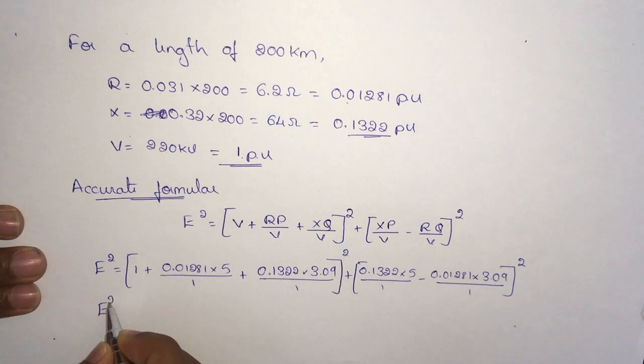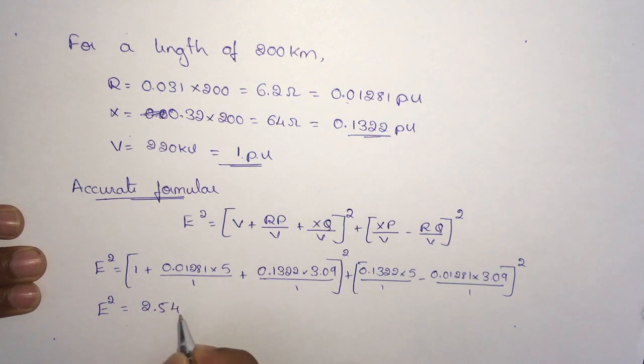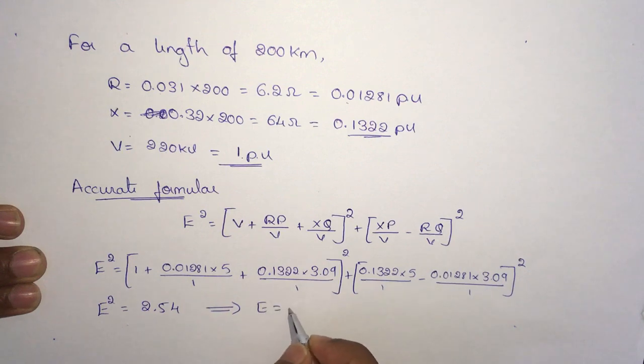On solving this, we'll be getting E square is equal to 2.54, which means E is equal to 1.59 per unit.